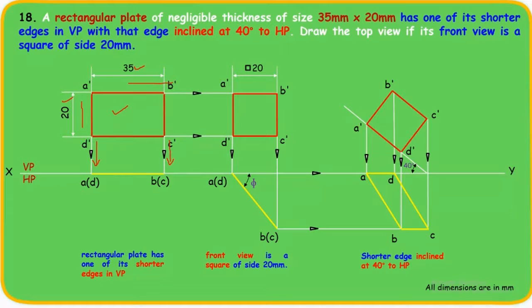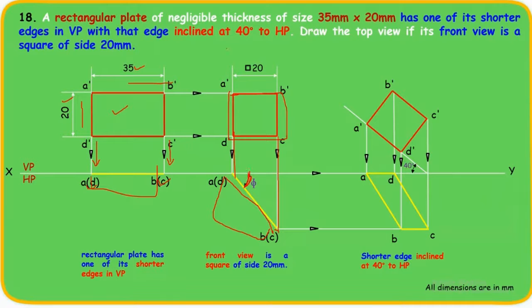After naming it, draw the top view. After that, draw a square of side 20 mm in the front view. Then you have to project this axis again, and these two are the same. You just measure this and transfer it here, so that you get the angle with respect to the vertical plane.